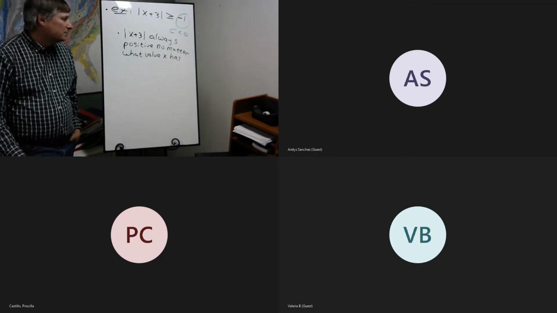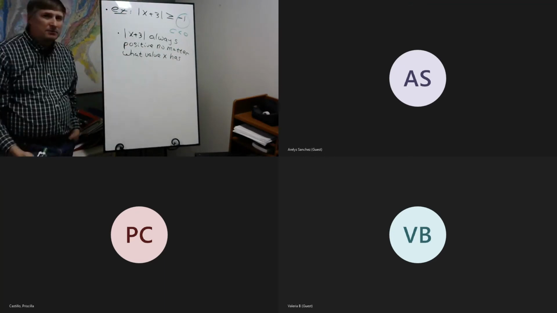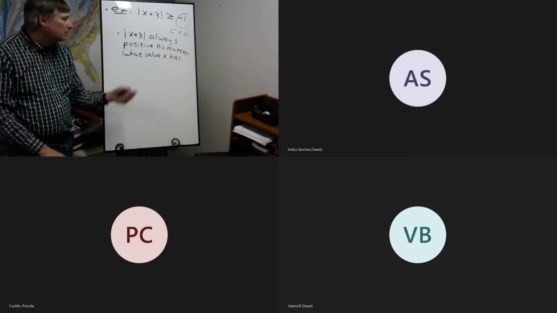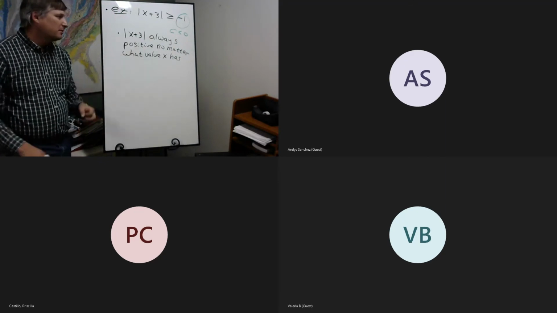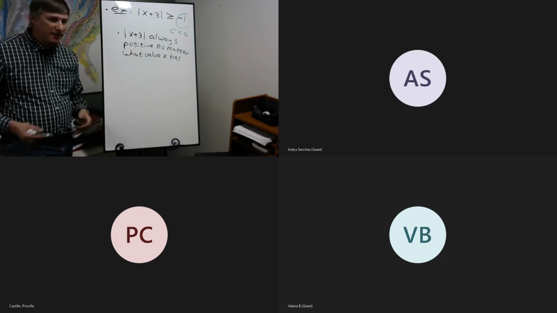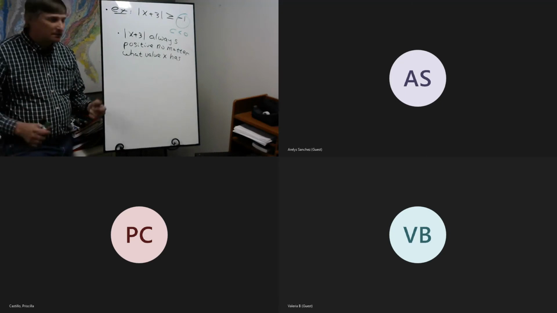Absolute values are always positive. It doesn't matter what we choose x to be. It could be negative 1,000,000. Negative 1,000,000 plus 3 will be negative 999,997.